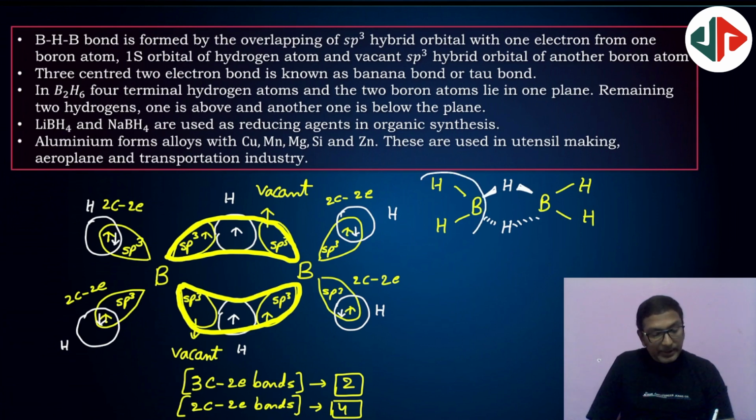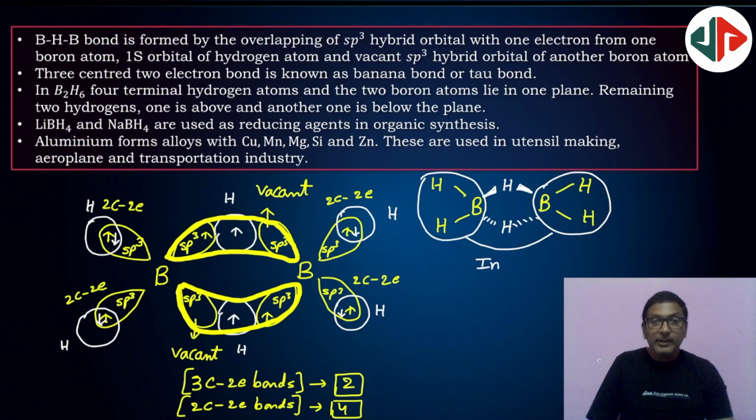So this BH2 and this BH2 will be in the same plane. So total 6 atoms will be in the same plane. 2 BH2 groups lie in the same plane.